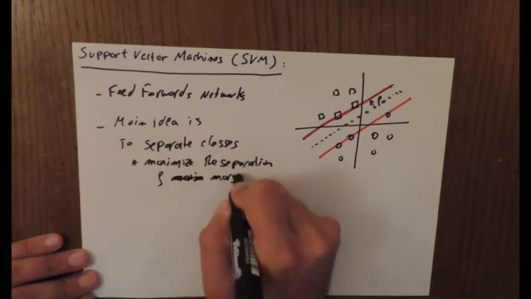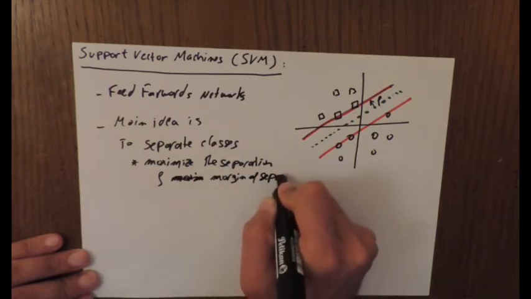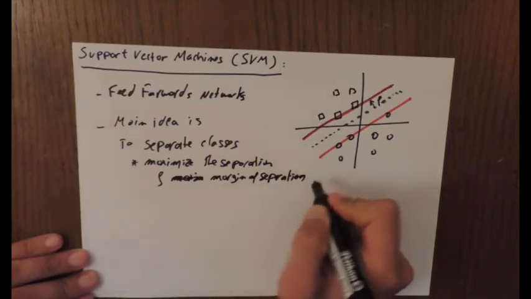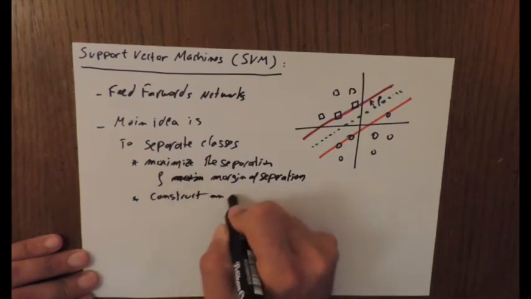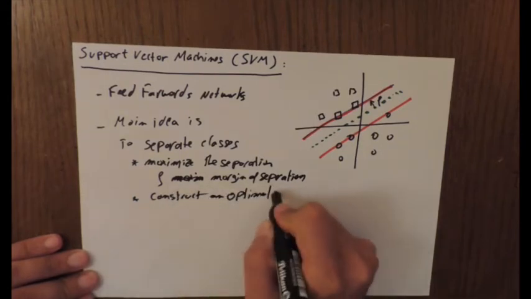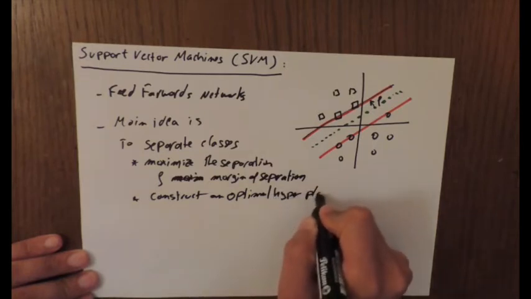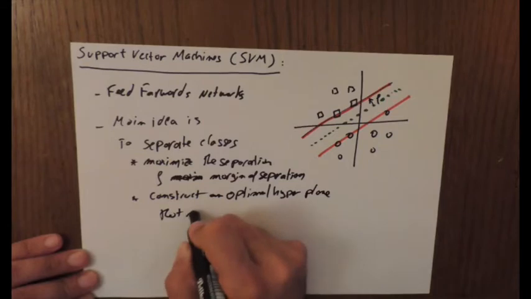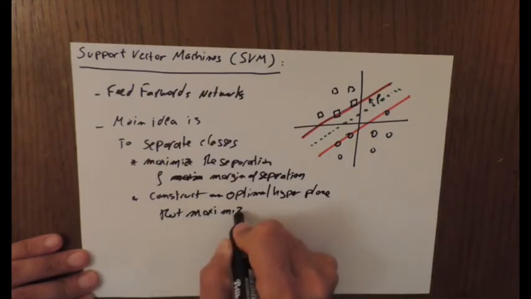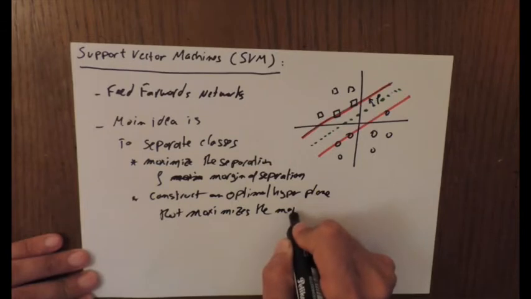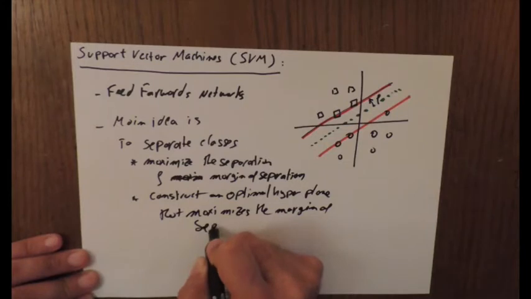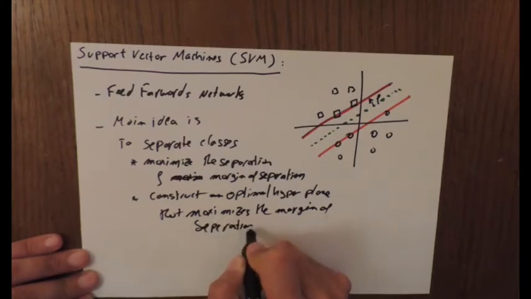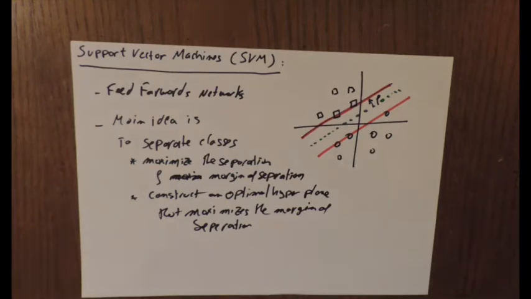So we want to construct an optimal hyperplane that maximizes the margin of separation. This is what I want to do: construct this hyperplane which maximizes the margin.